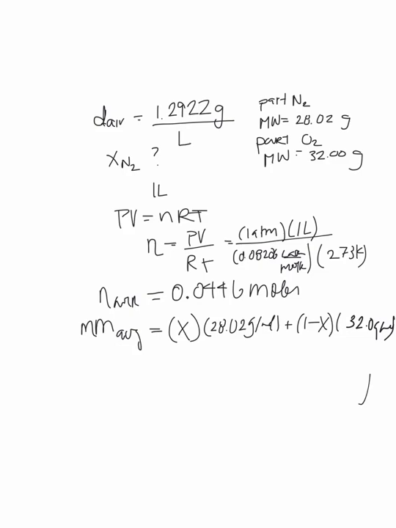So if we multiply our x's by our values, we get that our average molar mass is equal to 28.02x plus 32 minus 32x.